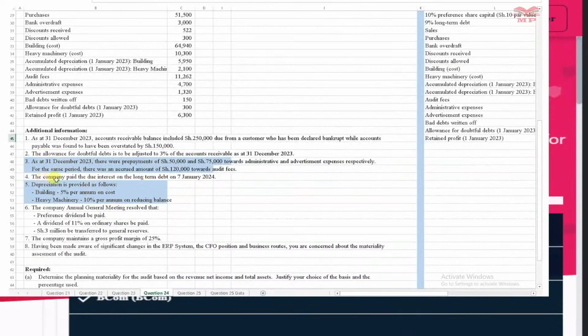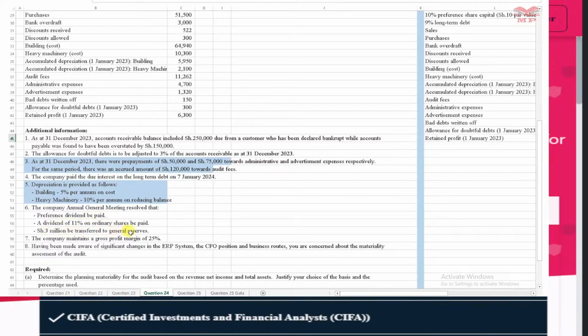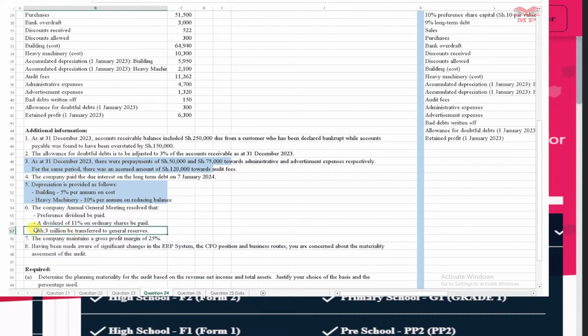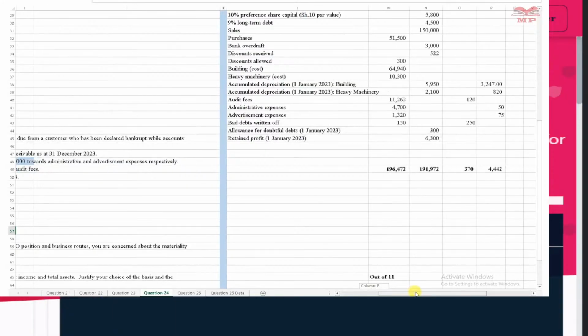So the company paid due interest on long-term debt first on 7th January 2024. And then the company's annual general meeting resolved the preference dividend on ordinary share, and 3 million to be transferred to general reserves. So this is what we're going to consider as part of our retained profits. So 3,000 comes over here.